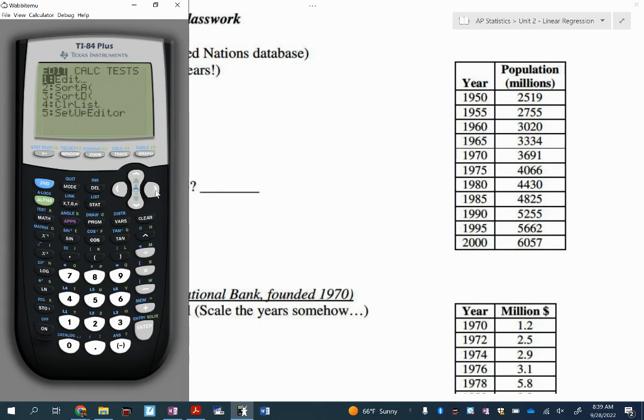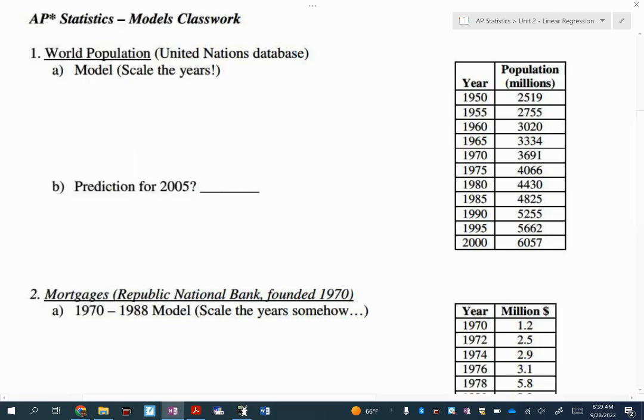All right, so I'm going to write down my numbers here from this regression equation. It still should be in Y1. So I'm going to write down my answer, which is going to be for my model.